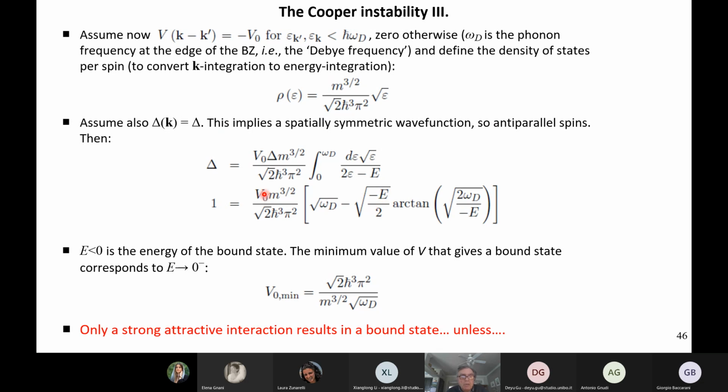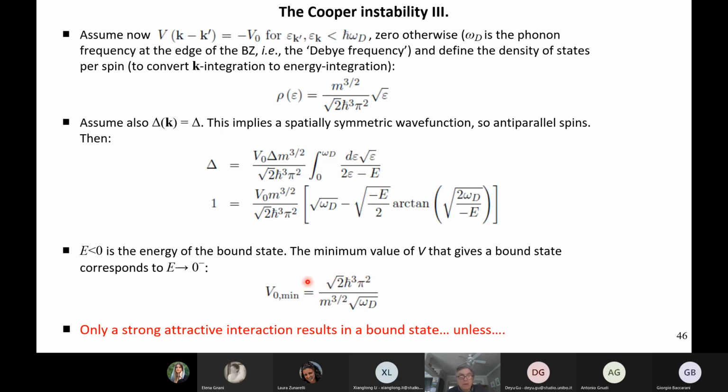And I find the minimum potential for which this expression is verified. Notice that I have the energy here and here inside the arctangent argument. It's a little convoluted, but you can deal with it. You can have a bound state, so an energy which is negative, as long as the potential has a minimum attractive value, which is given by this expression, which is actually very strong.